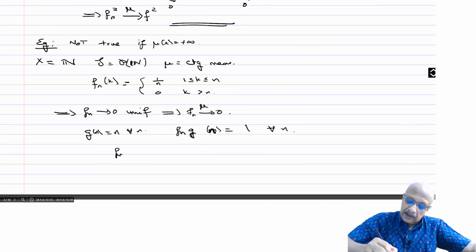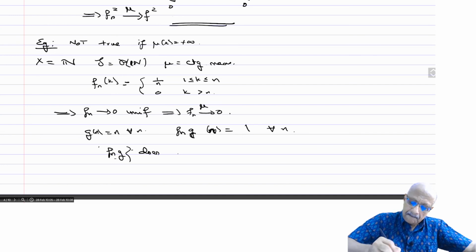So this will mean that f_n g_n does not converge uniformly to 0.